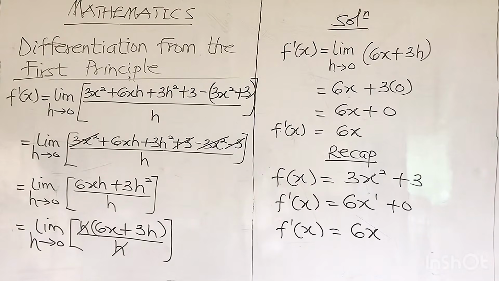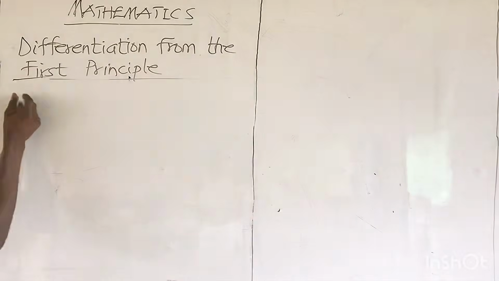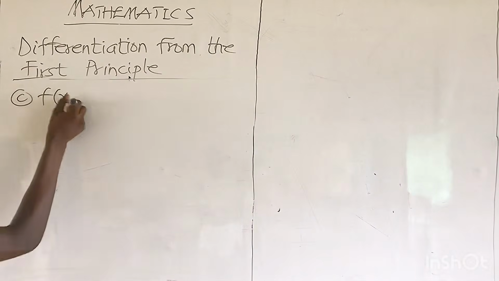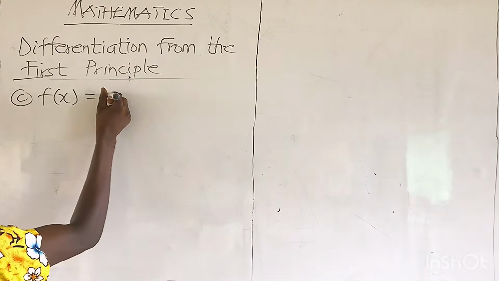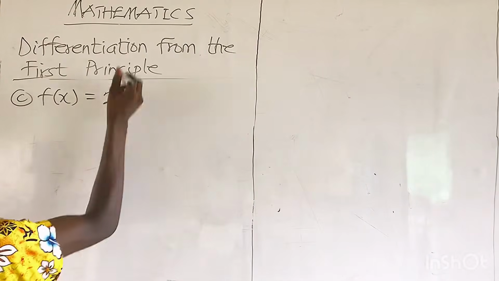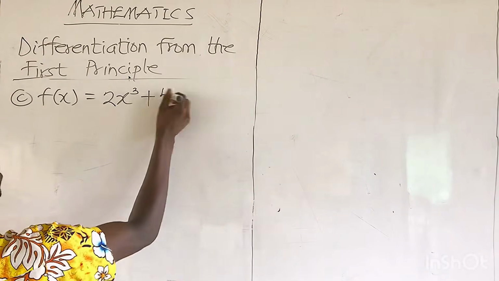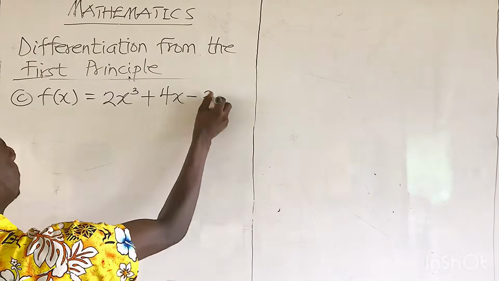Let's look at a third example. So we have f of x is equal to 2x cubed plus 4x minus 3.